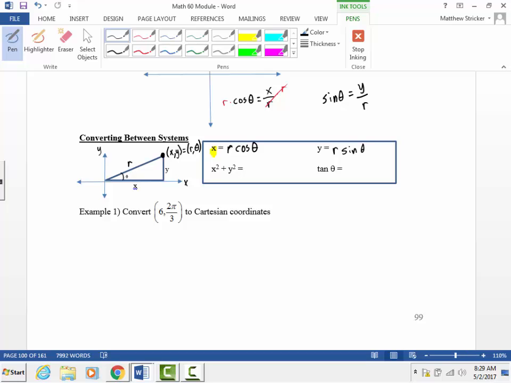Are these two formulas going to help us convert from polar to Cartesian or from Cartesian to polar? Well, you're plugging in r and theta to get x. Yeah. So these ones here are for polar to Cartesian.